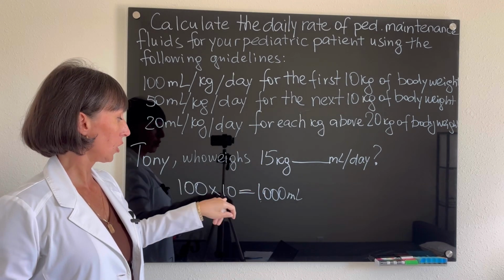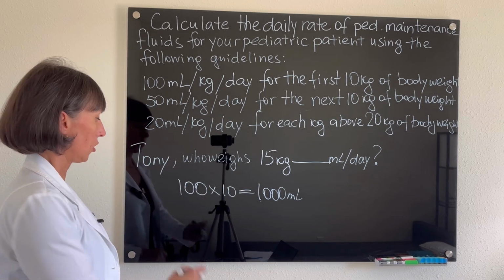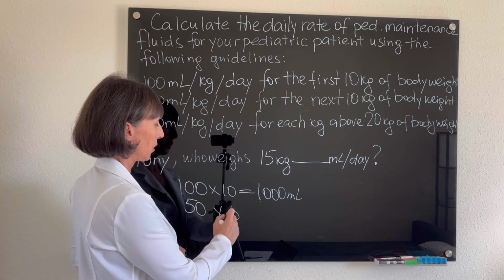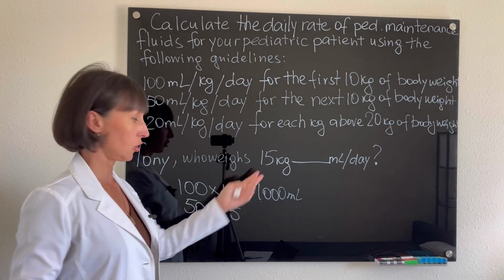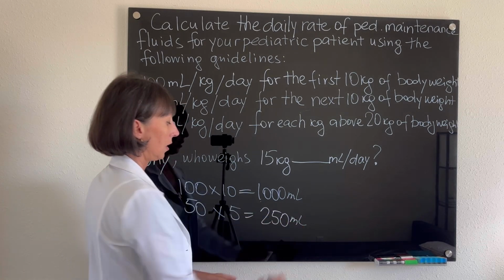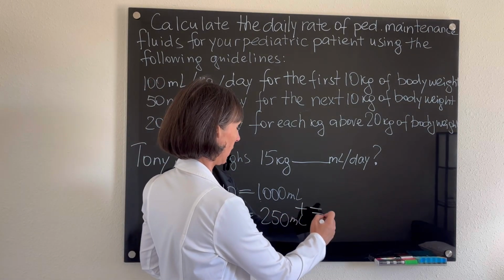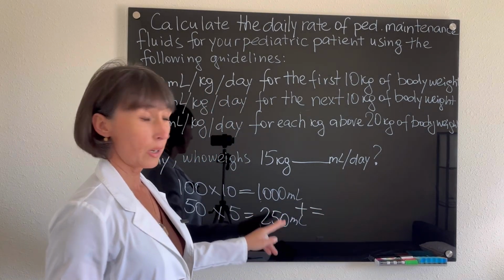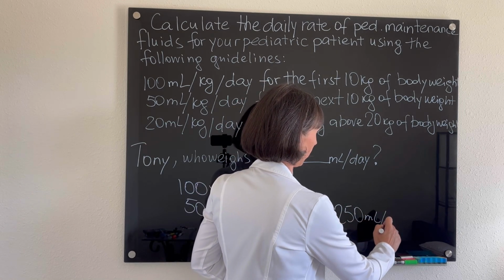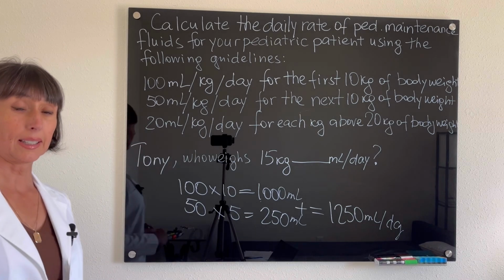After I took the first 10 kilogram, I only have 5. That's what I'm going to put in a calculation. 50 milliliters times 5 kilogram that's left in my patient is 250 milliliters. Adding this up gives us 1,250 milliliters per day Tony will be getting.